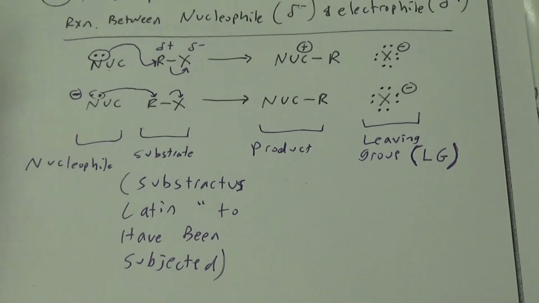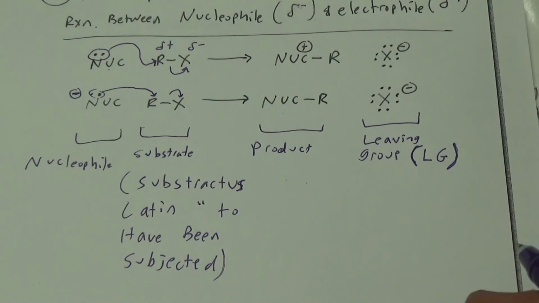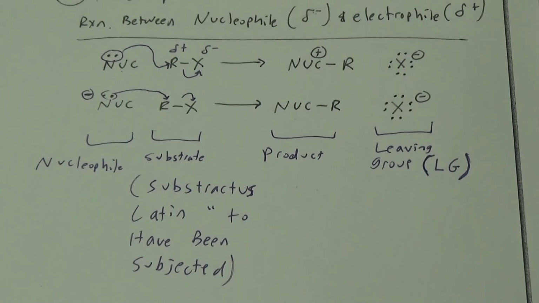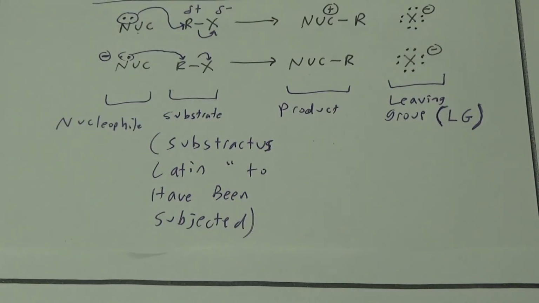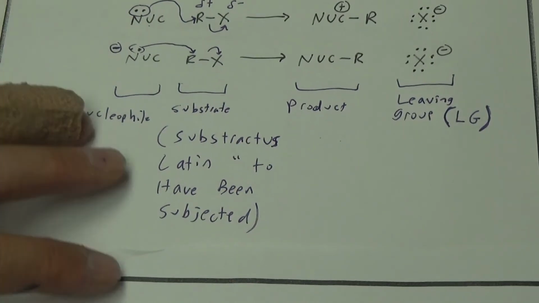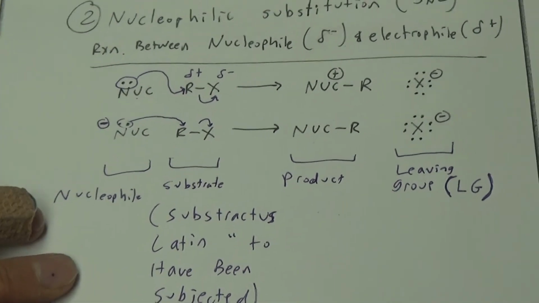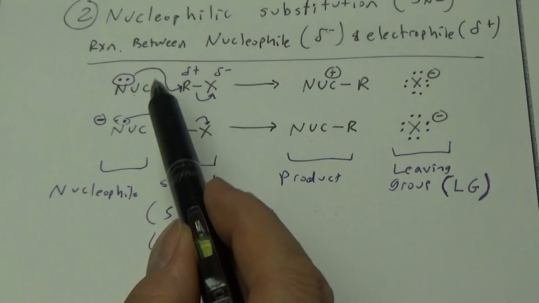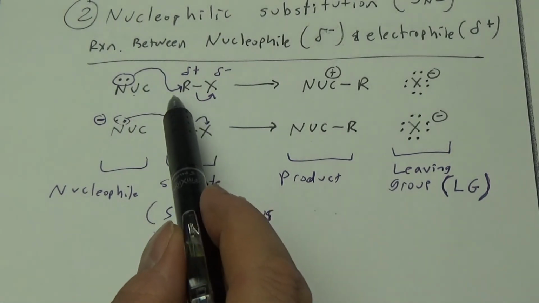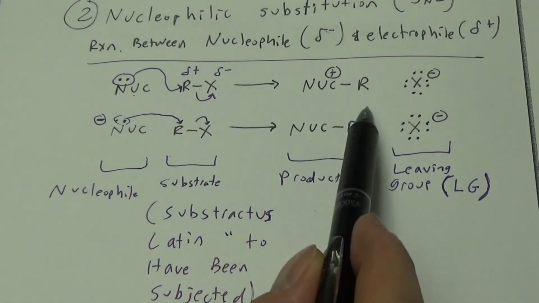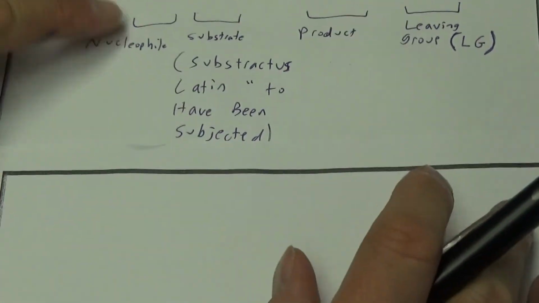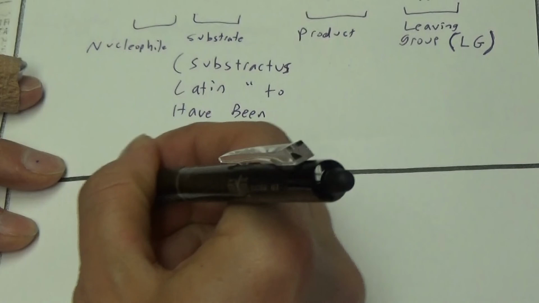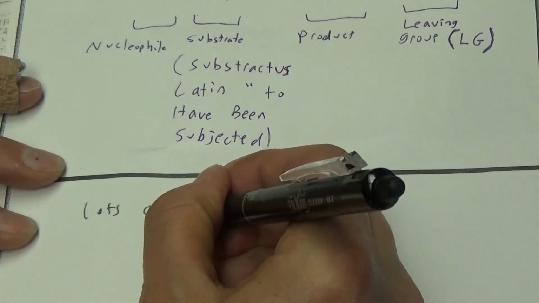Now let's show a bunch of examples of these reactions. We know the basic idea of nucleophilic substitution: the nucleophile attacks a substrate, kicks off a leaving group, and you get the product. Let's show some examples now. Lots of examples.